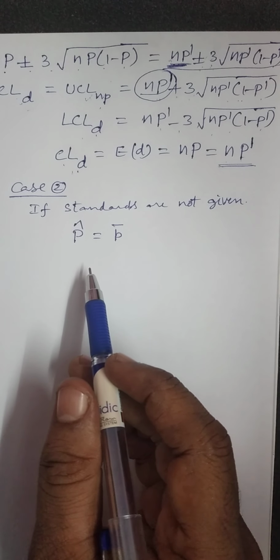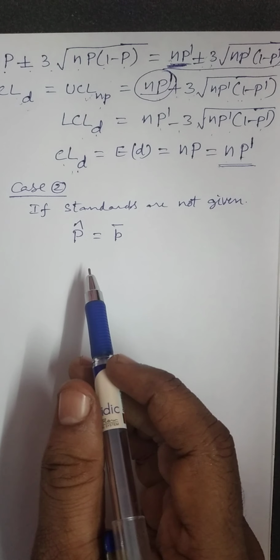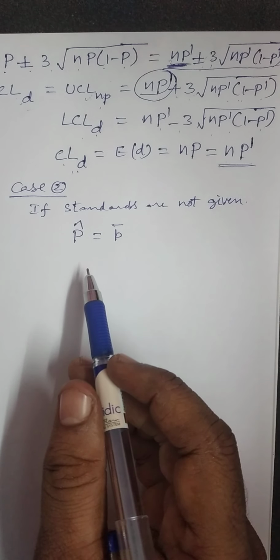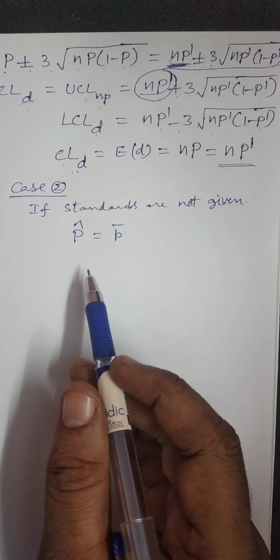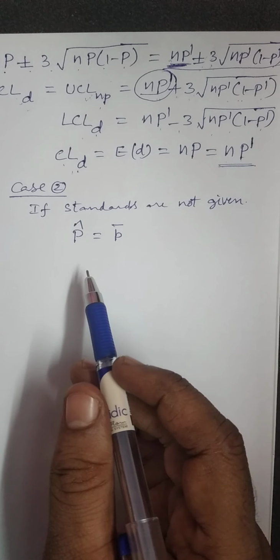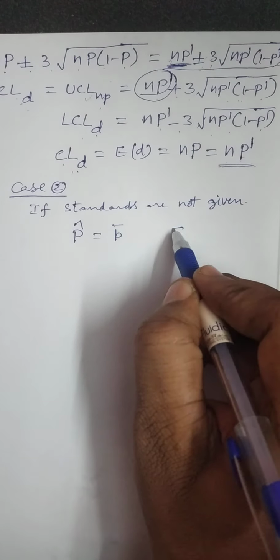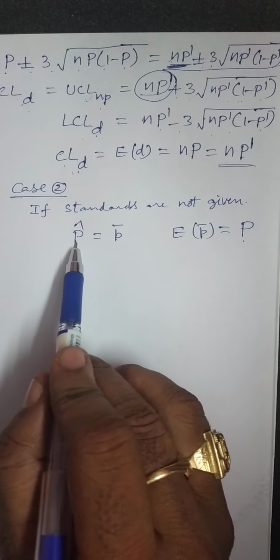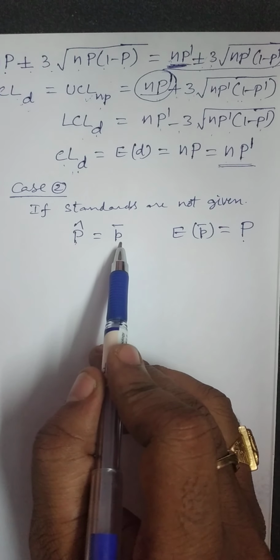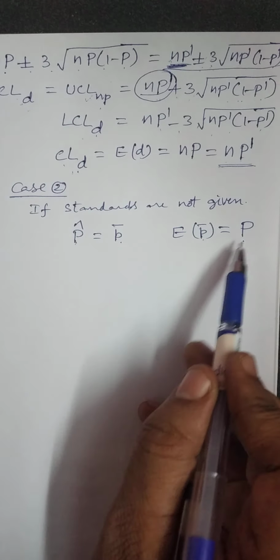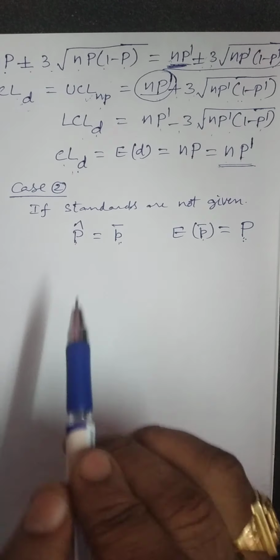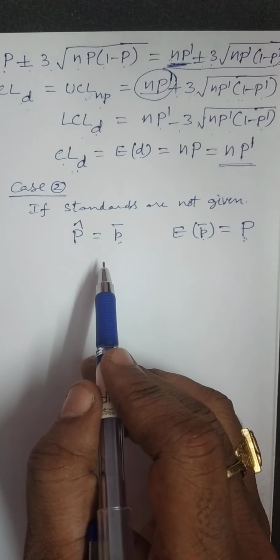In detail I have explained that in both the cases, whether n varies or not, that is whether n is the same for all samples or different from one sample to another, that is n1, n2 and so on, and k, we have proved that expectation of small p bar is equal to capital P. Therefore P is estimated by P cron is equal to small p bar, that is p bar is an unbiased estimator of capital P. Therefore P can be estimated with small p bar. That is the result of estimation.